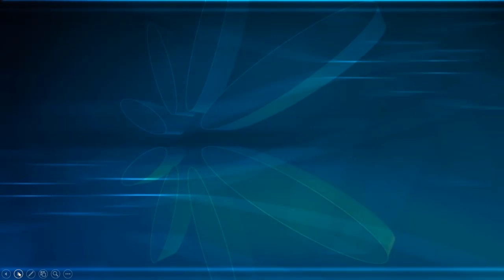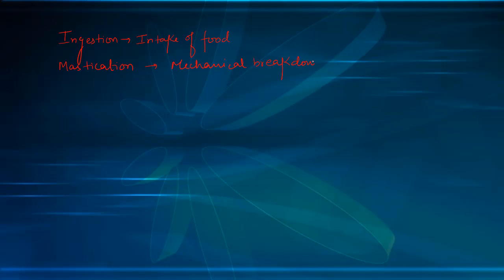So basically the first thing is ingestion, which is intake of food. Then mastication, in which mechanical or physical breakdown of food takes place.